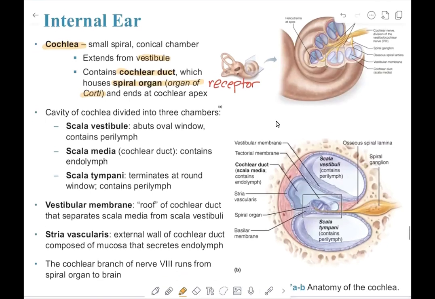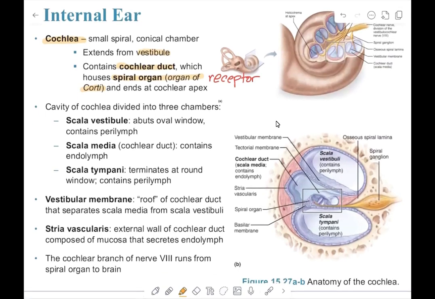So if we were to take this cochlea and cut it into a section, we would have three different chambers. Those three different chambers are the scala vestibuli, media, and tympani, and each of them contain a type of fluid. There's what's called perilymph, endolymph.